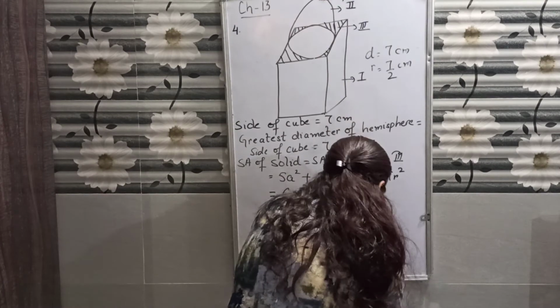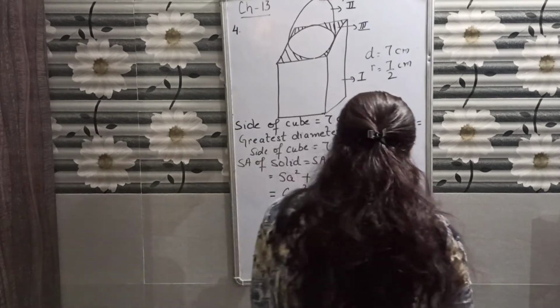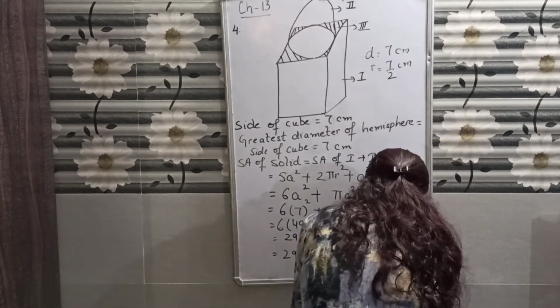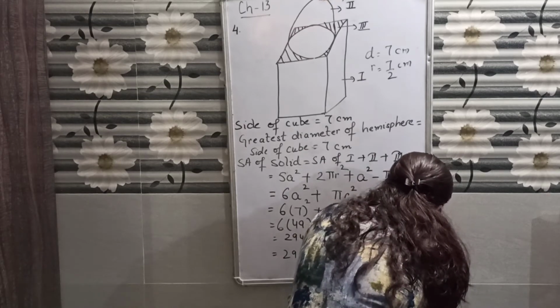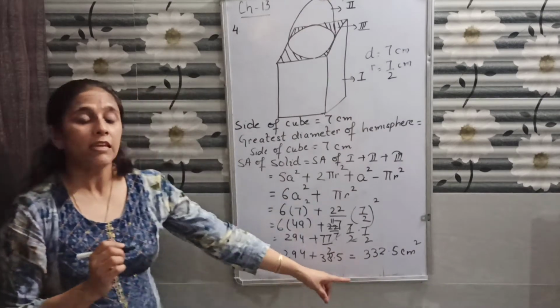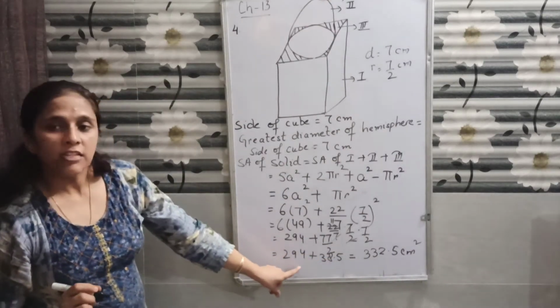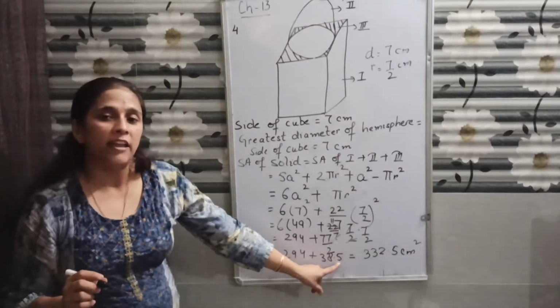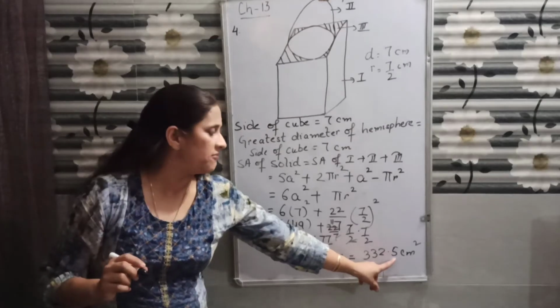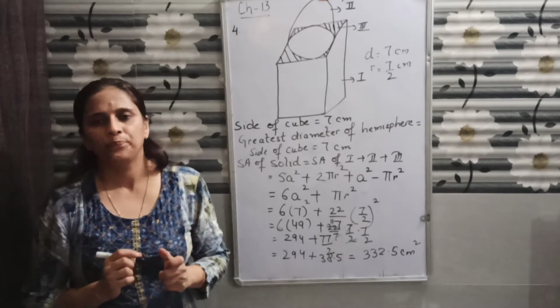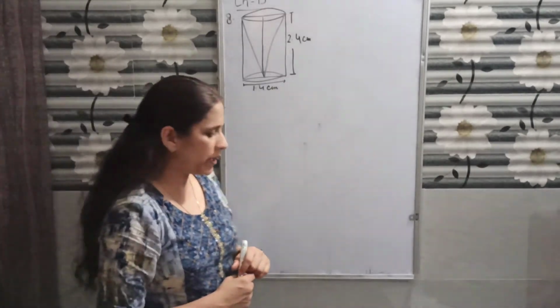Now 294 plus 38.5 is 332.5. When you add them, your answer comes to be 332.5 centimeters square. Now let us discuss question number 8.